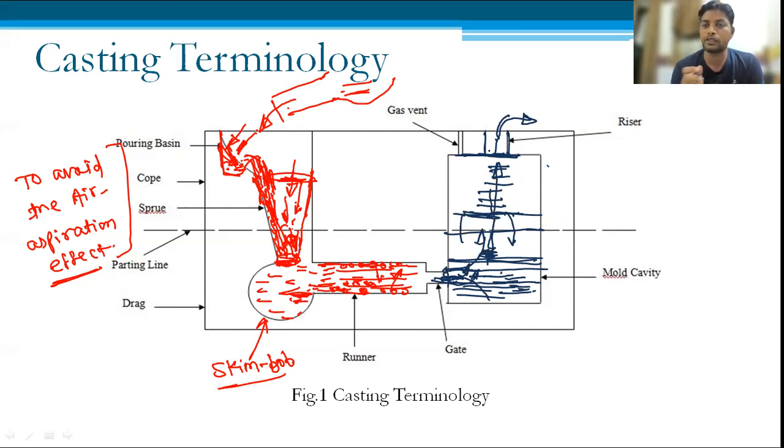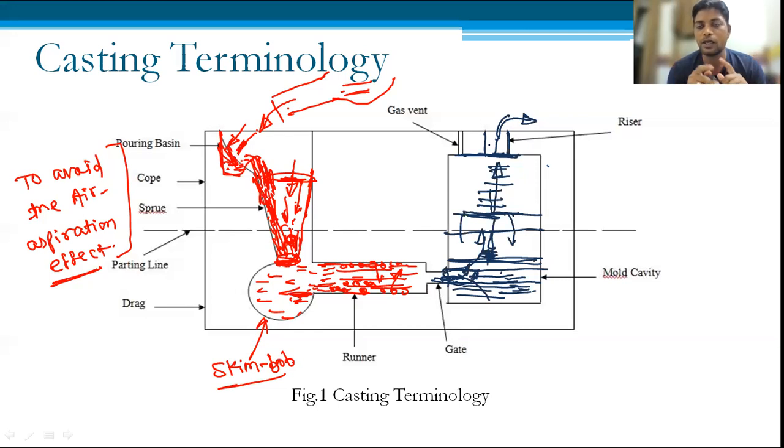Now here one question can be asked: what kind of shrinkages are possible, and in what kind of material? Throughout the process there are three possibilities: the material is in liquid form, in semi-solid form, meaning solidification, or in solid form.